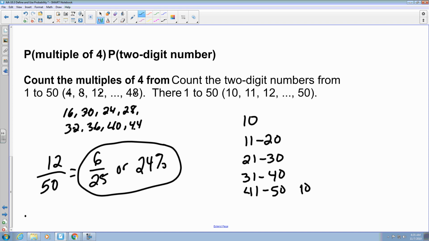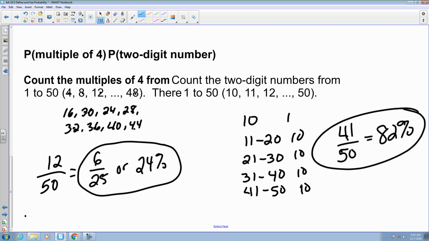So here's 10, here's 10, here's 10, here's 10, and this is 1. So we have 41 favorable outcomes over 50 total. 41 over 50 is in lowest terms, and as a percentage, that's 82%.